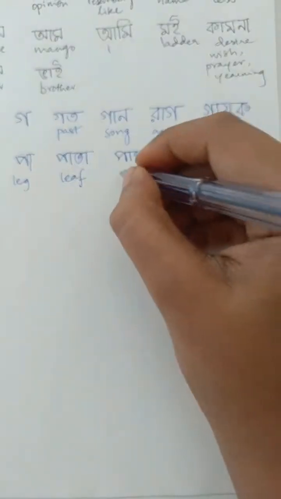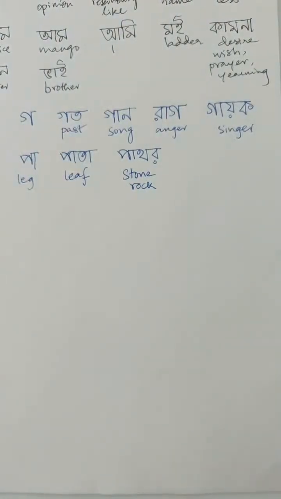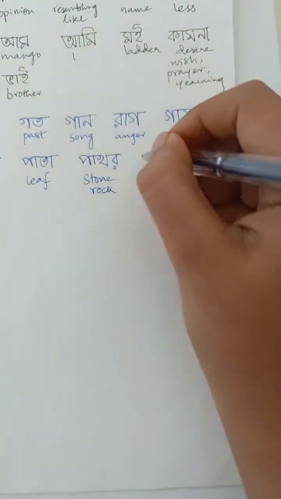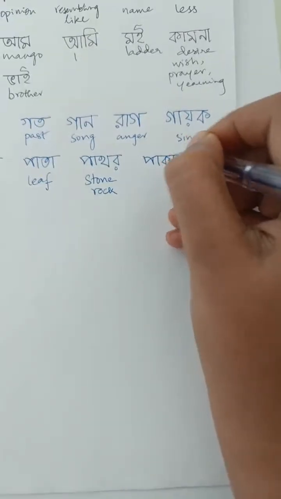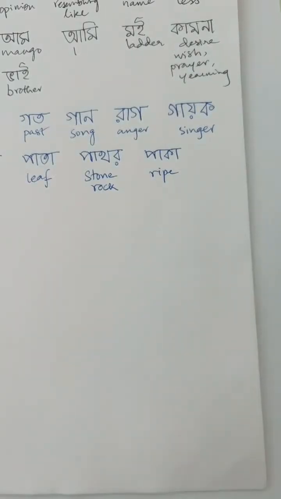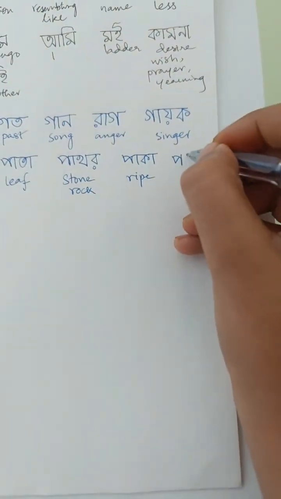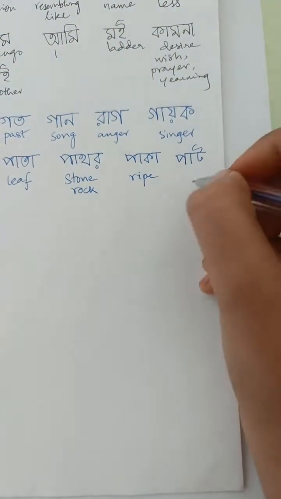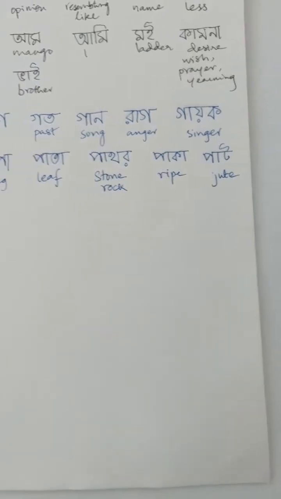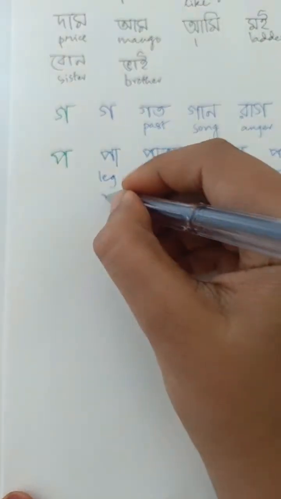Pathor. Stone or rock. Paka. Ripe. Pat. Jute. Okay. Shall we do some more words with pa?